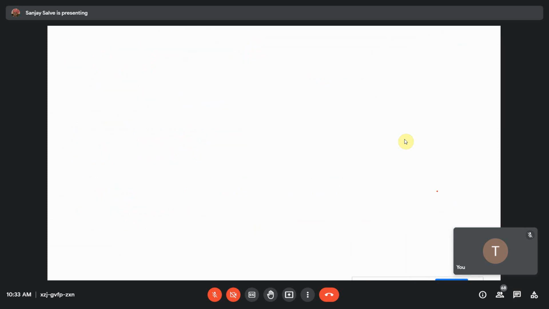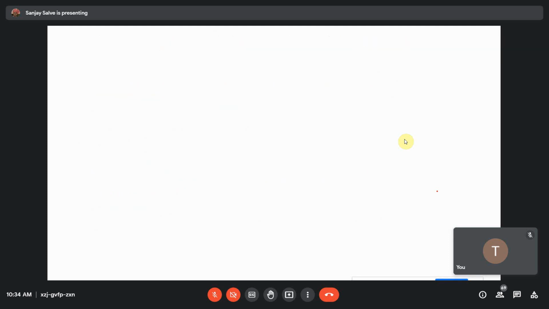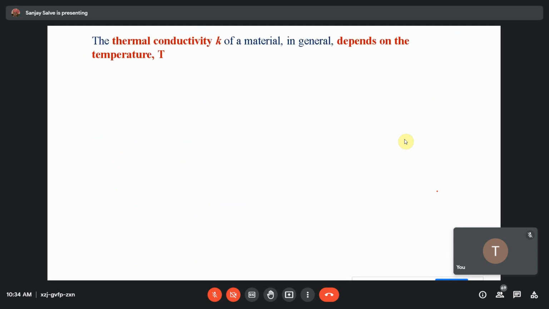Here k is the thermal conductivity of the material, which in general depends on the temperature T. We saw in the previous lecture that for solids there are two mechanisms, lattice vibration and free electron. For metals it is inversely proportional to temperature, and for non-metals or insulators it is directly proportional to temperature. That I explained very well.